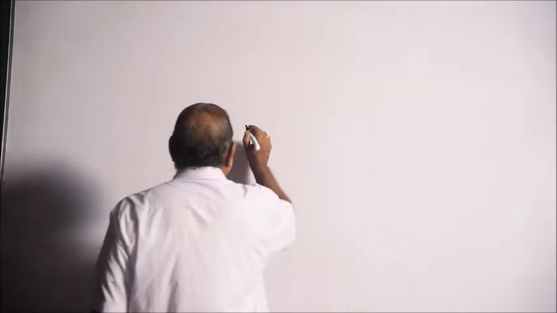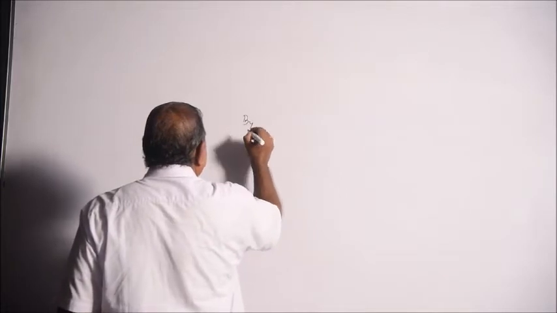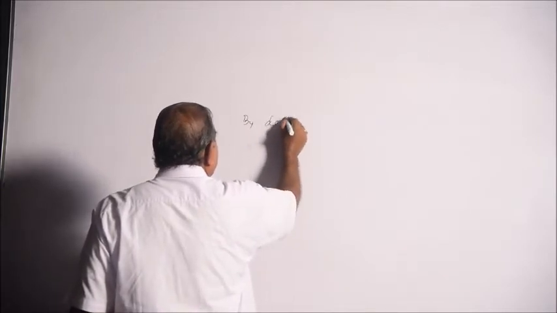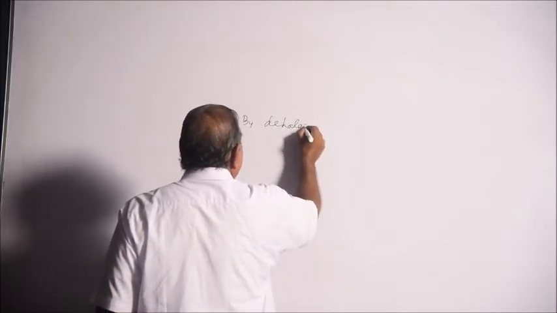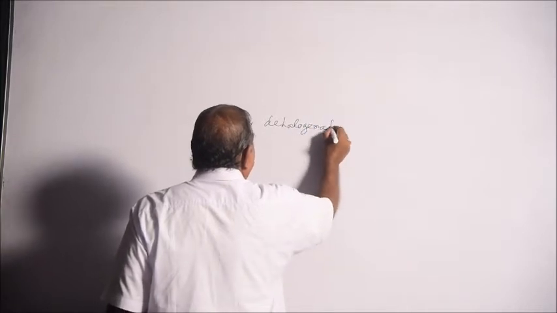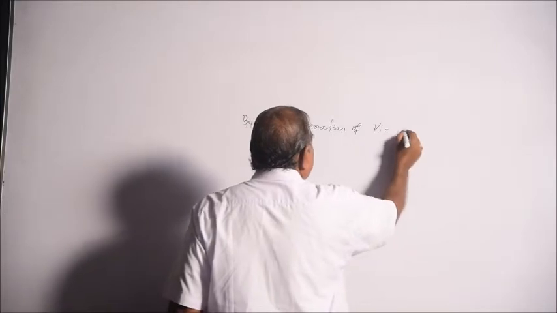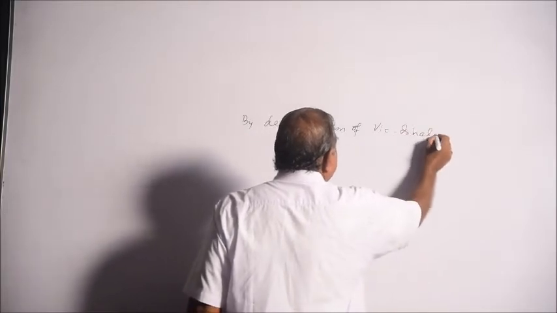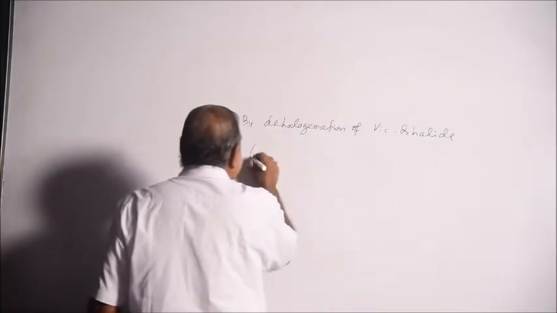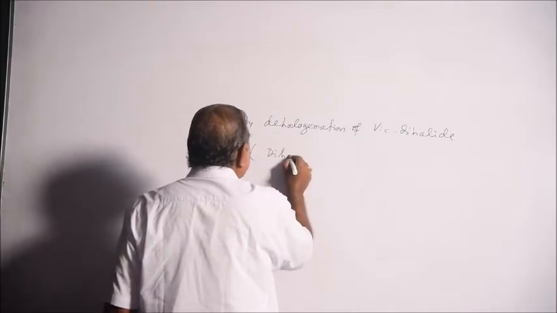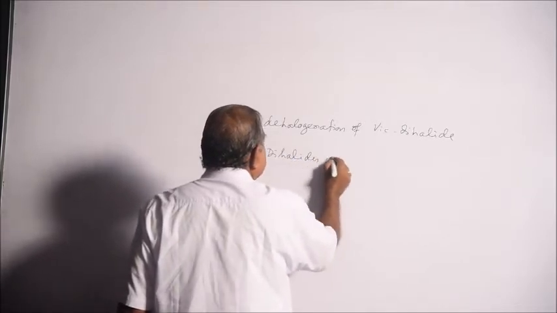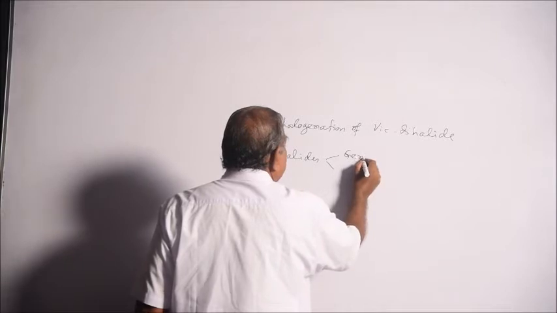Next method is by dehalogenation of dihalide. Your dihalides are of two types. One is called gem dihalide.